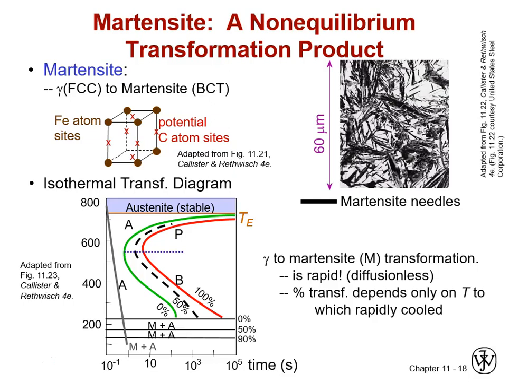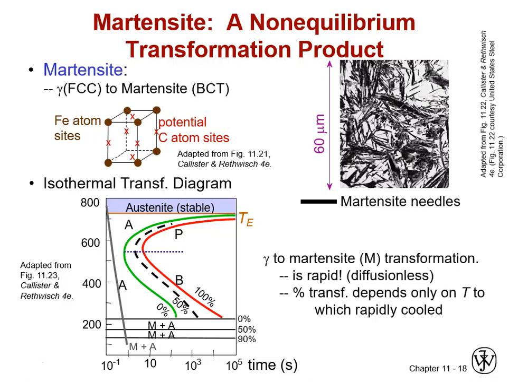Well, we know from our bond energy discussions way at the beginning of this course that anytime you have atoms that are not in their equilibrium positions, we've induced strain energy. So now the carbon is acting as a potent solid solution strengthener, pushing the iron atoms off of their equilibrium positions that they would like to assume in a body-centered cubic.